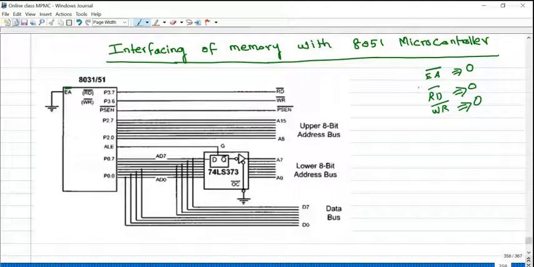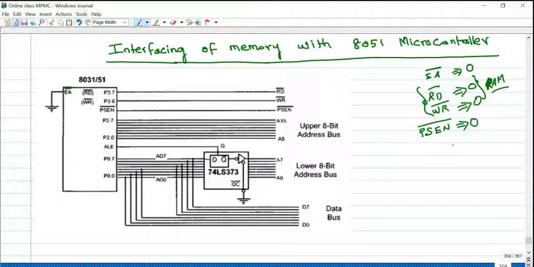So the read and write signals are mainly used for RAM, read-write memory or random access memory. Both signals are mostly used for interfacing RAM with the microcontroller. Apart from that, PSEN, program store enable, is also an active low signal.